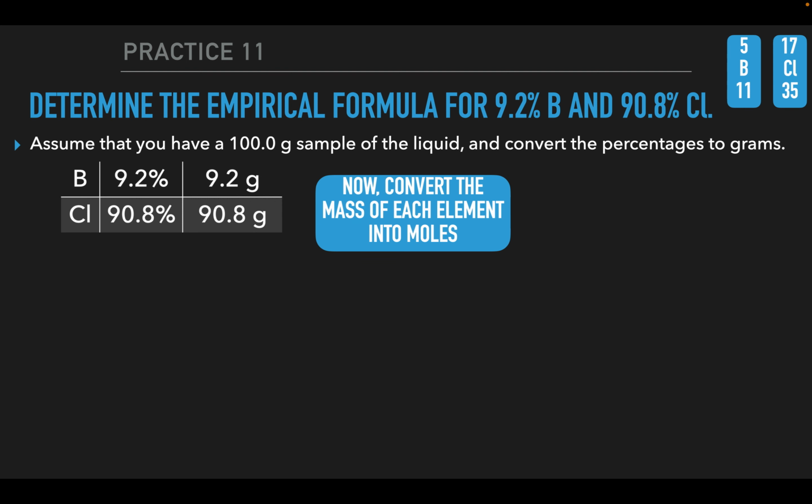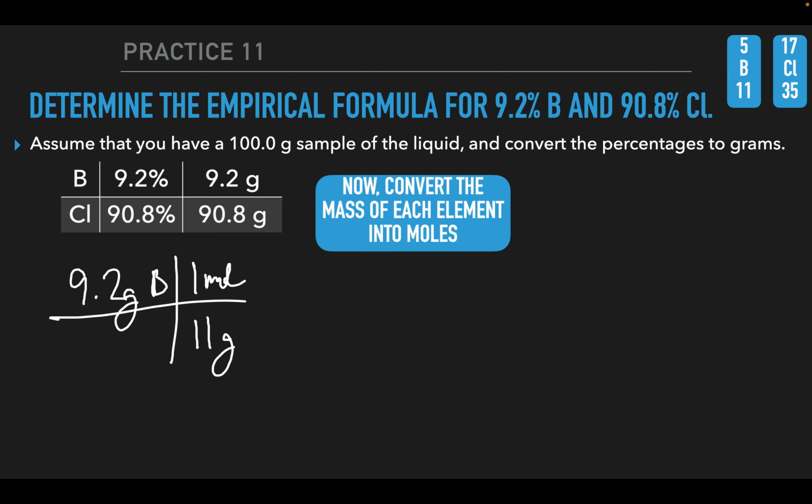Now we're going to convert each mass into moles. So we have 9.2 grams of boron, my third favorite element. I know that boron is 11 grams equals 1 mole.